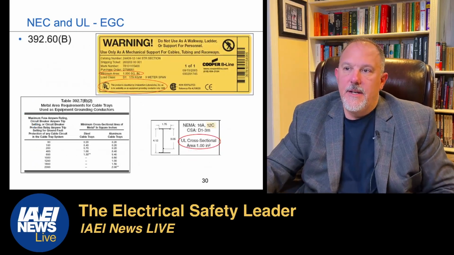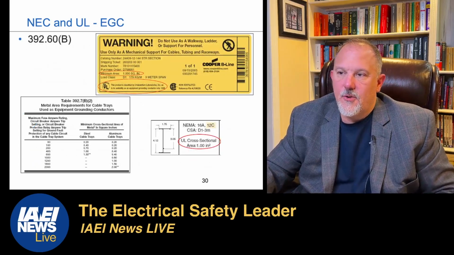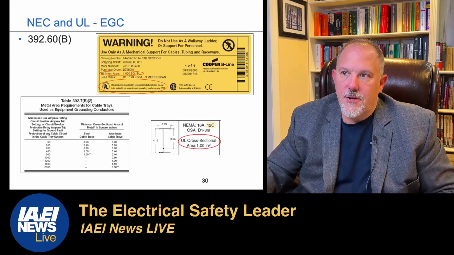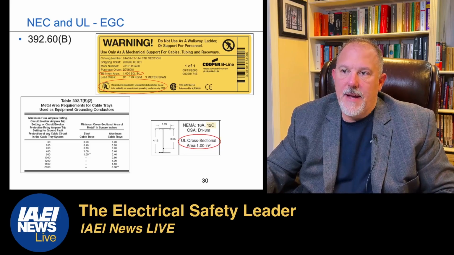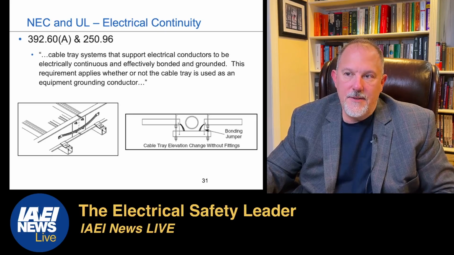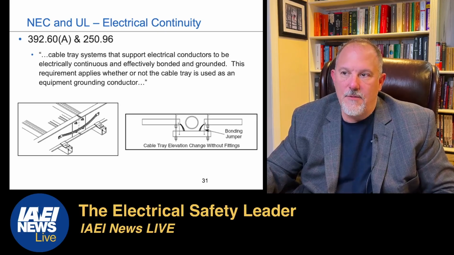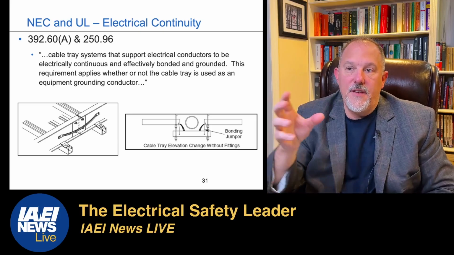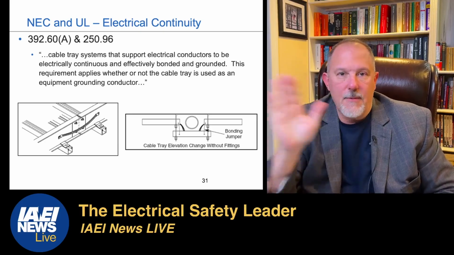Anyway, there's all your warnings, cross-sectional areas. There's all your do not use as a walkway. Don't walk on these things. They have your maximum area. There's your UL label. You want to keep the bonding. You're going to put the straps around the joints. And even if you have a splice, you can't rely on that splice.